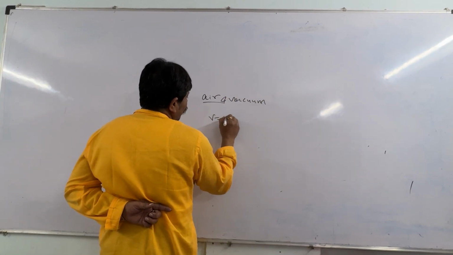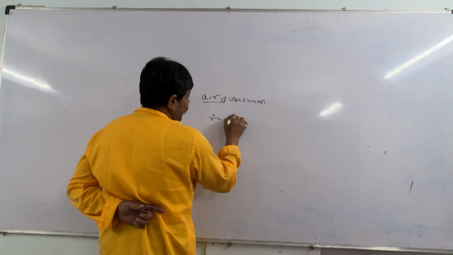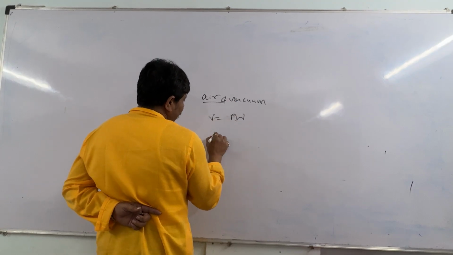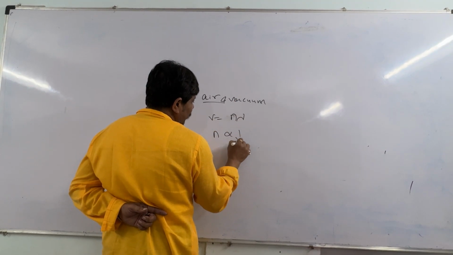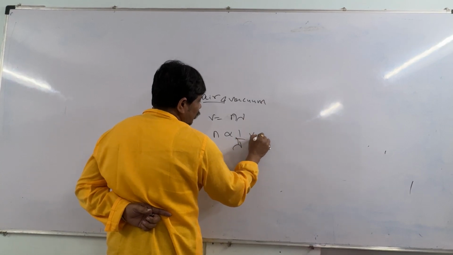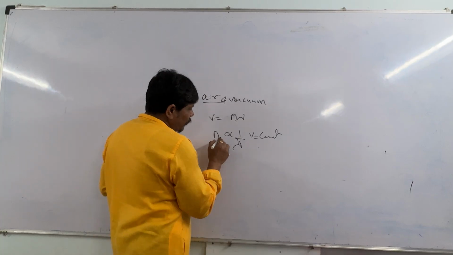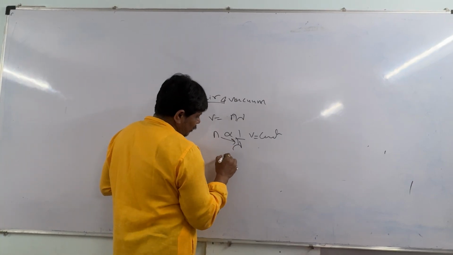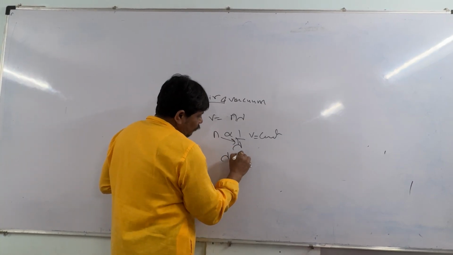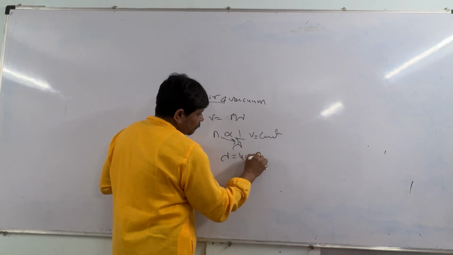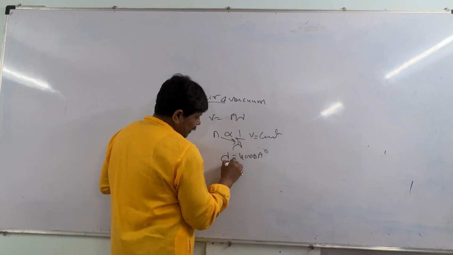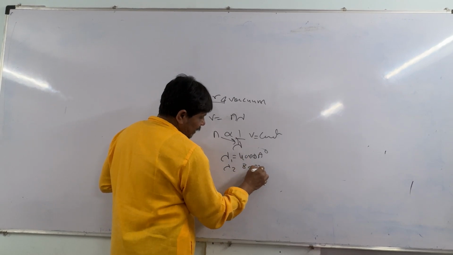Velocity is equal to frequency times lambda. Frequency is inversely proportional to lambda because velocity is constant. Velocity is the same in air. So frequency is inversely proportional to wavelength. So the wavelength is 4,000 angstrom and the wavelength is 8,000 angstrom.